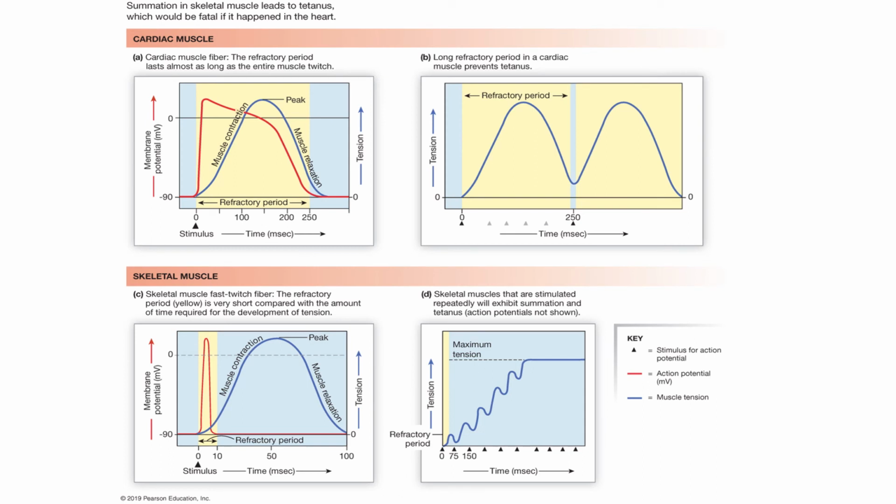This image right here is comparing the action potentials and muscle contraction in your contractile cardiac muscle cells versus your skeletal muscle cells. The red graph is representing the action potential. The blue graph is representing the muscle contracting and relaxing, and the yellow highlighted region is representing a refractory period.